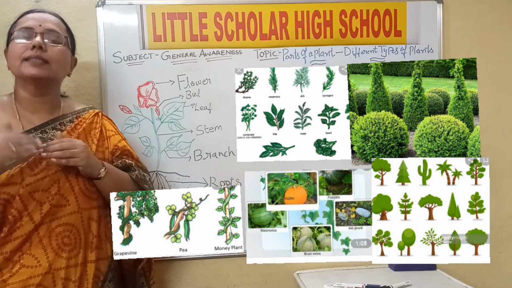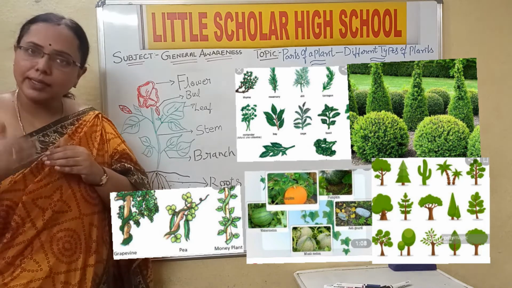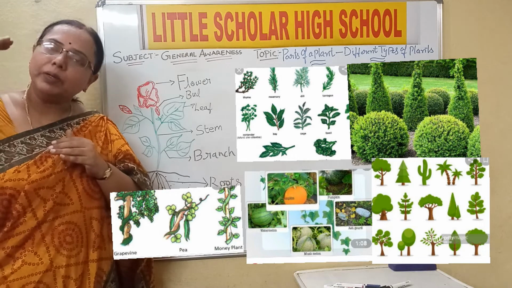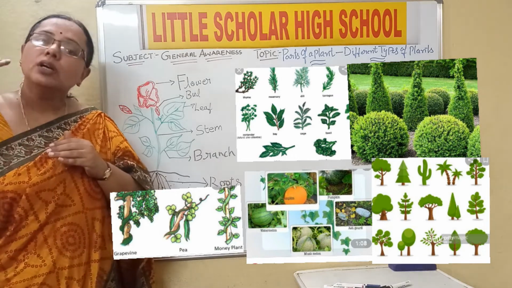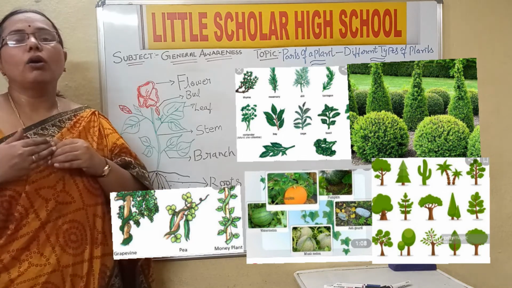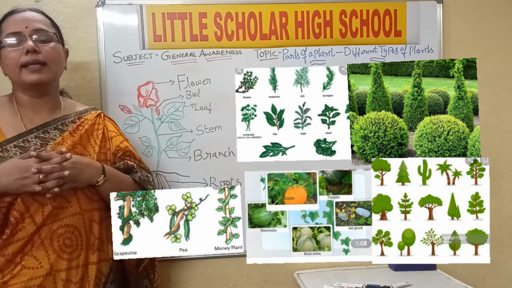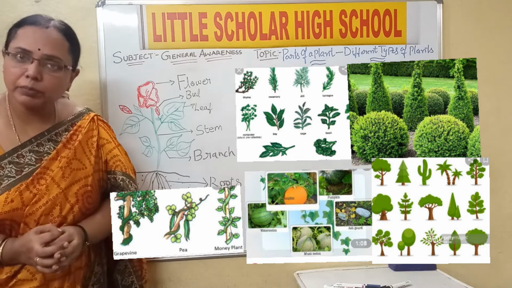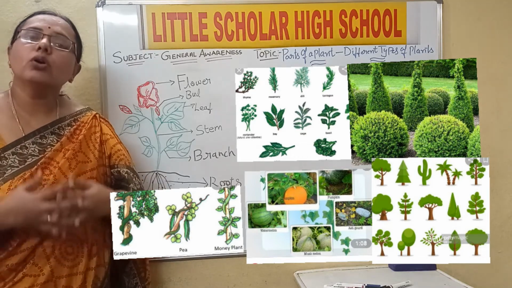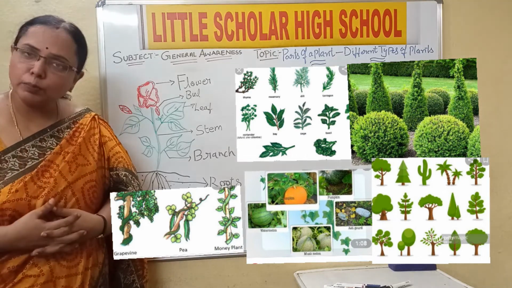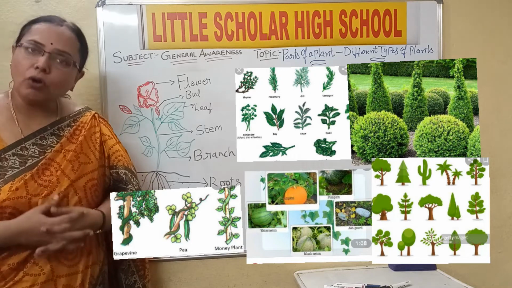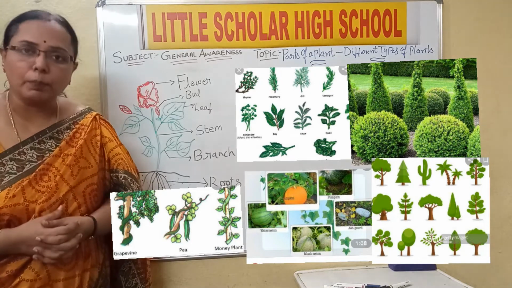These are called climbers. Climbers are the plants which grow up with the help of other plants or trees or a wall or with some other support.